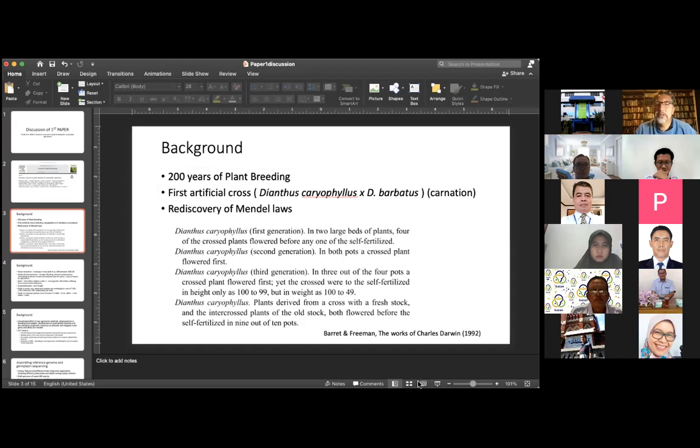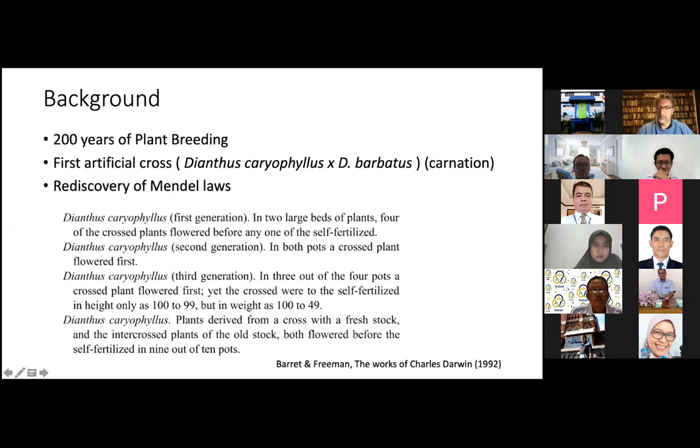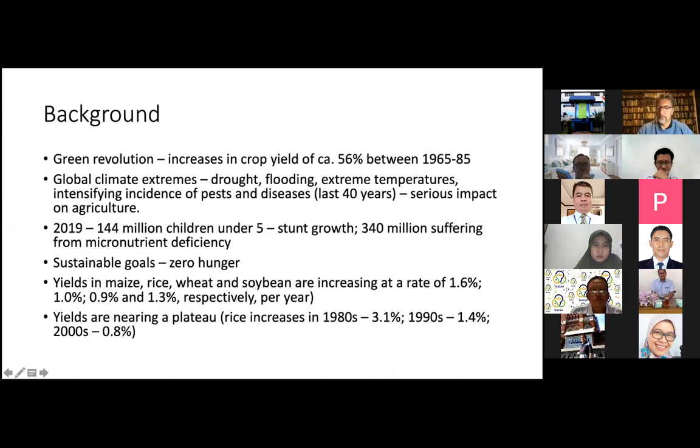And then there was the Green Revolution that created a high increase in crop yield, around 56% between 1965 and 1985.